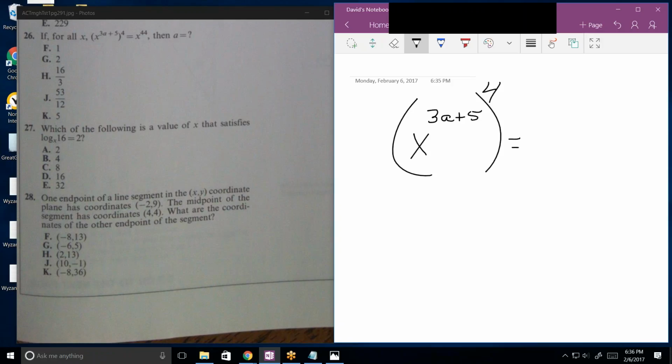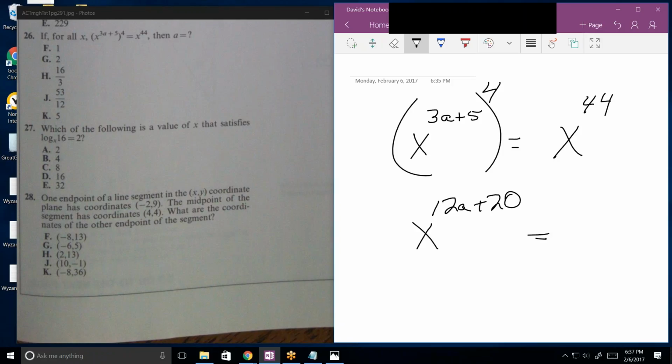So this left side, what is that going to be equal to? It's equal to x to the 4. Once we apply our rule of exponents, then we'll be able to equate exponents and solve for a. So you multiply them, so it becomes 12a plus 20.